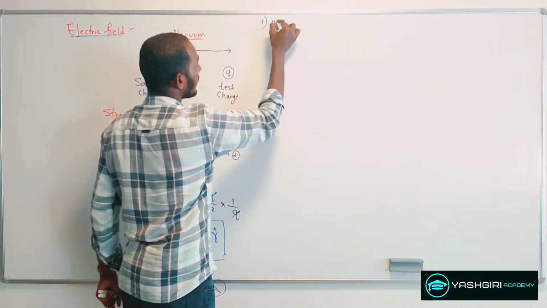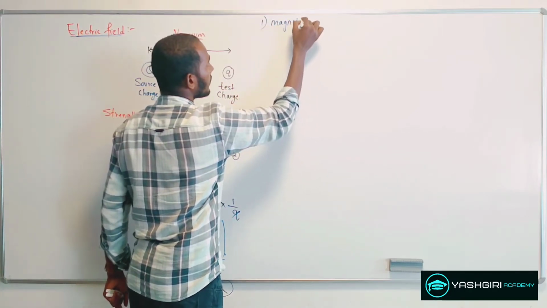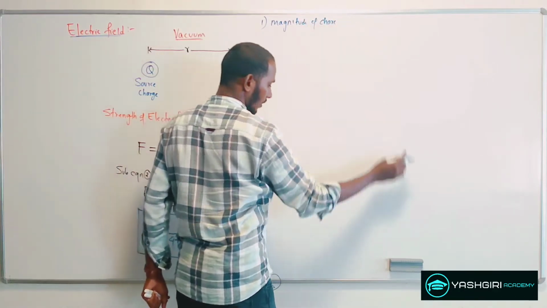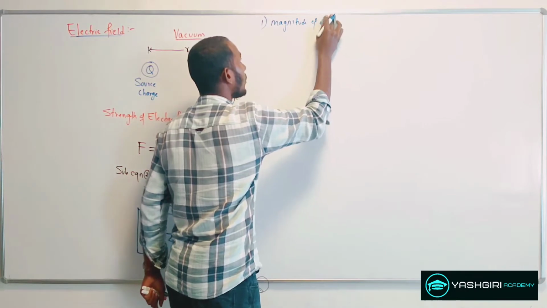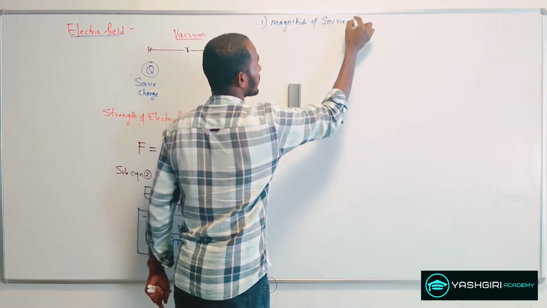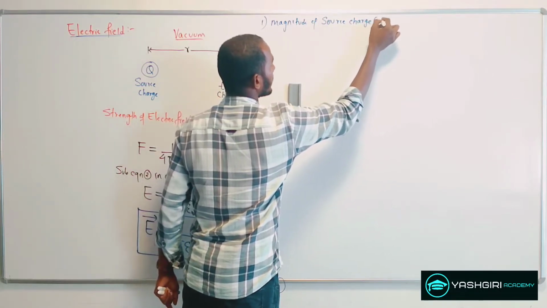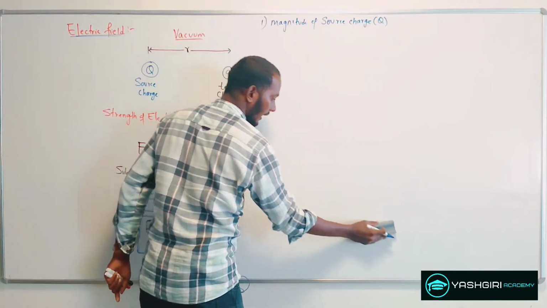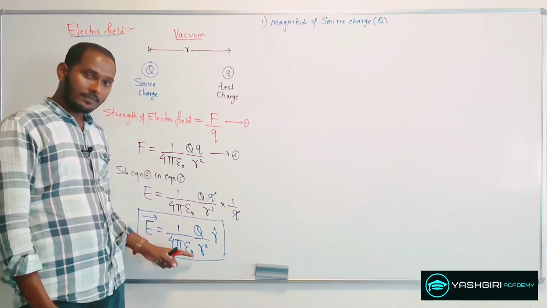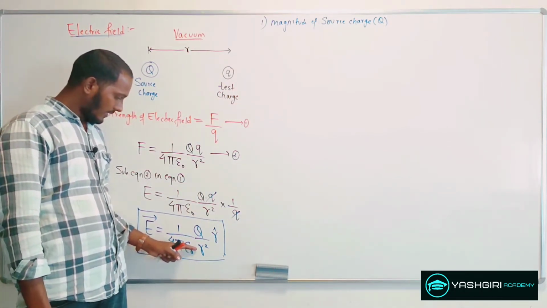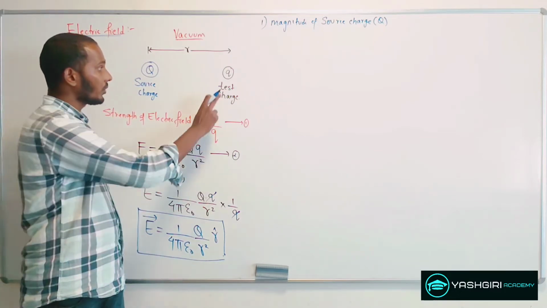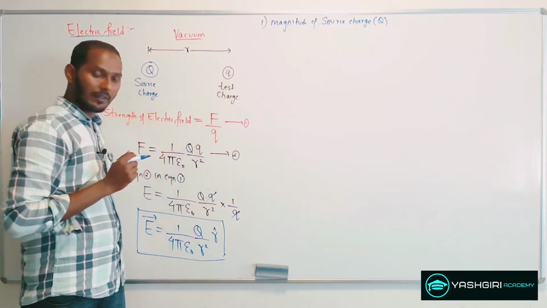It depends on the magnitude of the source charge. Here in this it's a capital Q. And the second thing is that it's inversely proportional to the square of the distance at which you're going to measure the strength of the electric field.